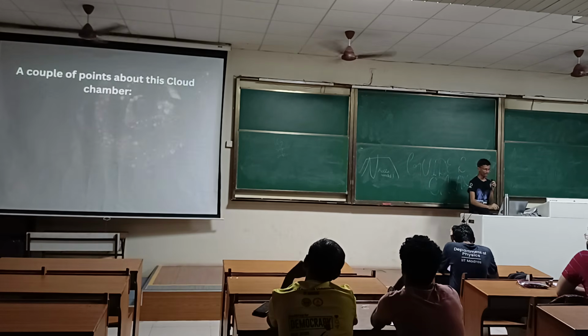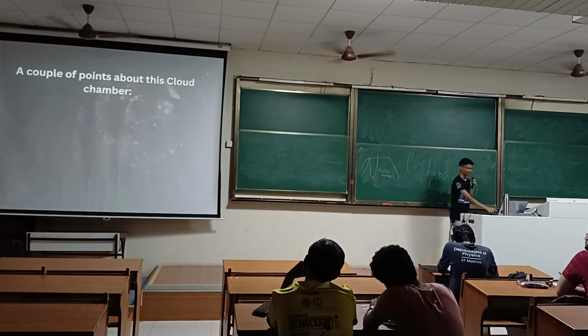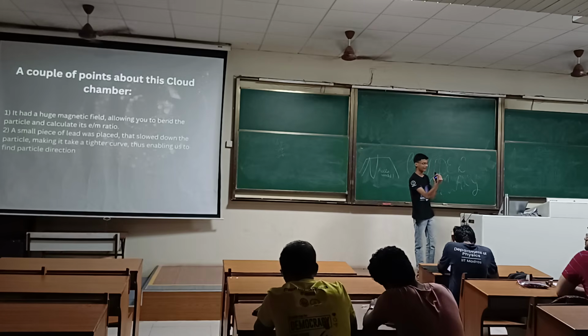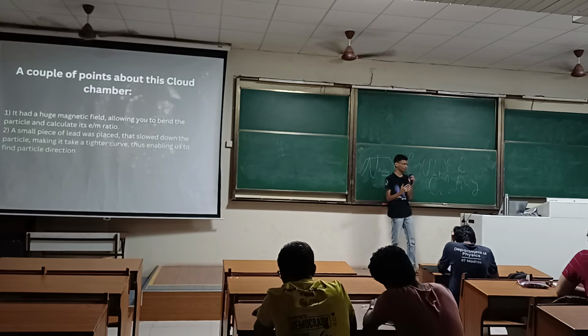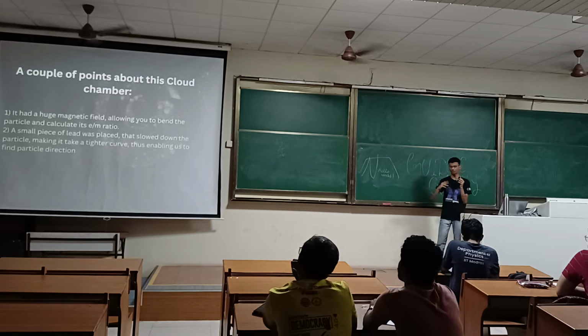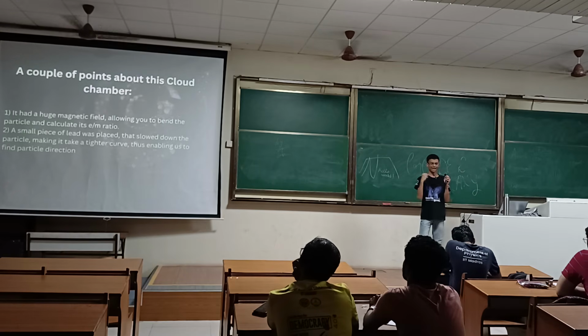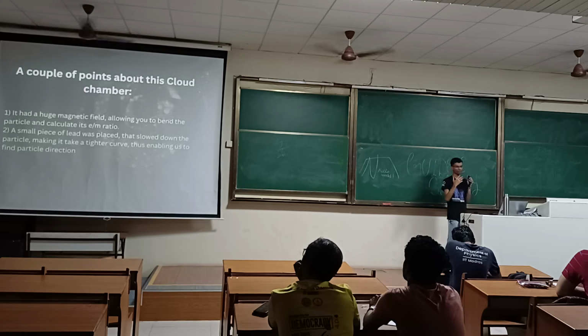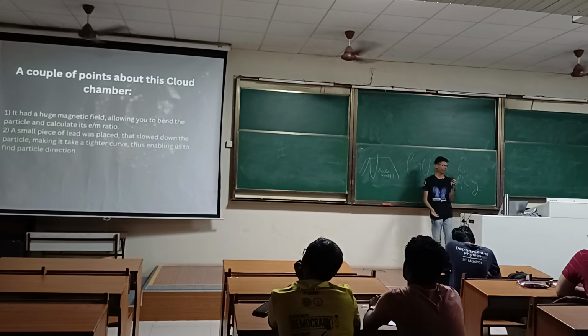Before we go into that, a couple of points about this cloud chamber. It has a huge magnetic field in it, which helps to bend the particles that enter. How is this helpful? When a particle enters the cloud chamber and bends, we can calculate from the degree of its bend its charge to mass ratio. This will be helpful in finding the properties of the particle.